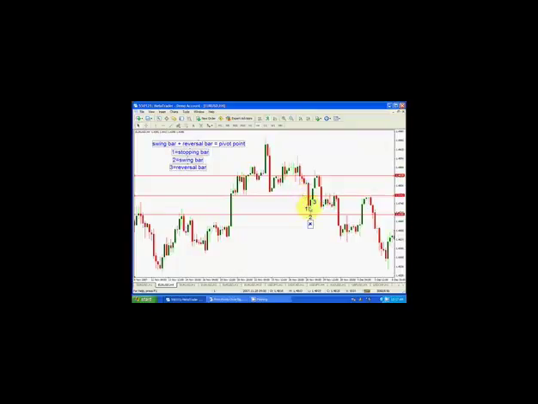Okay, so now we know what 3-bar equilibrium is, and anytime there is a reversal bar, you start with that reversal bar and count back 3: 1, 2, 3.